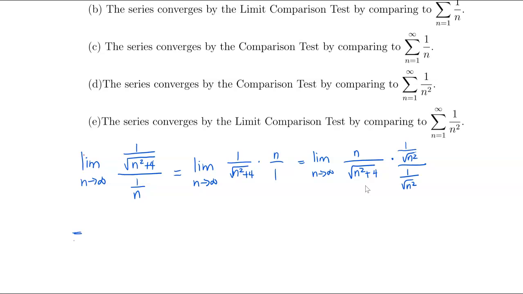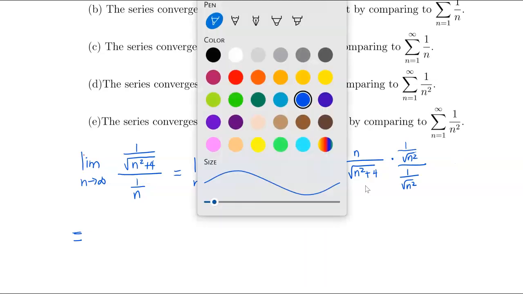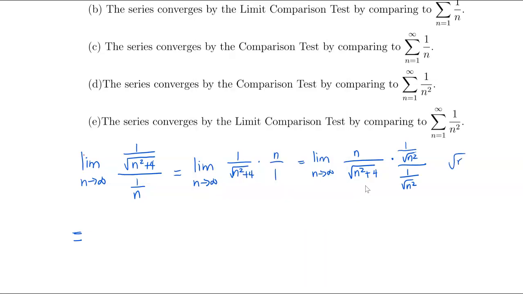Then this is equal to, now remember, the square root of n squared is equal to the absolute value of n. And the absolute value of n is equal to n when n is greater than 0, and it is equal to negative n when n is less than 0.